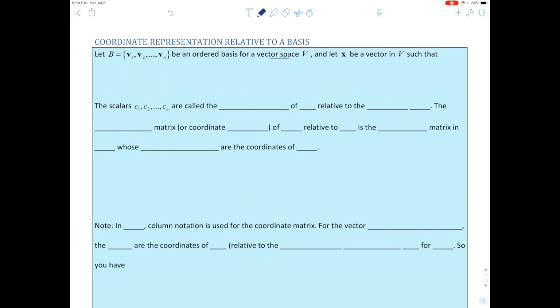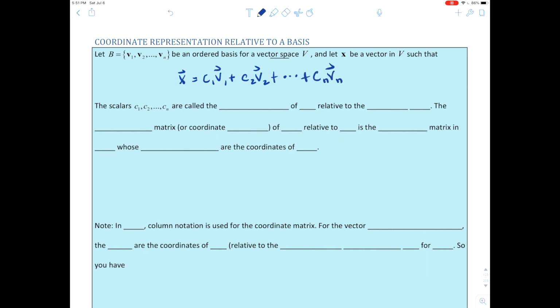Let B equal the set of vectors v1, v2, all the way down to vn, be an ordered basis for a vector space V, and let X be a vector in V such that X is a linear combination of the vectors in B: c1 v1 plus c2 v2 plus dot, dot, dot, all the way down to cn vn.